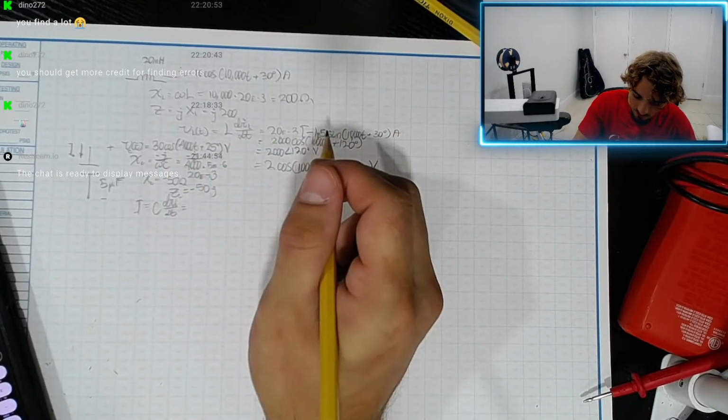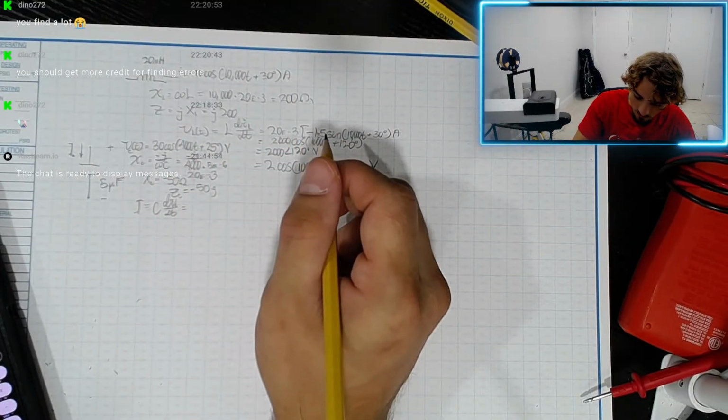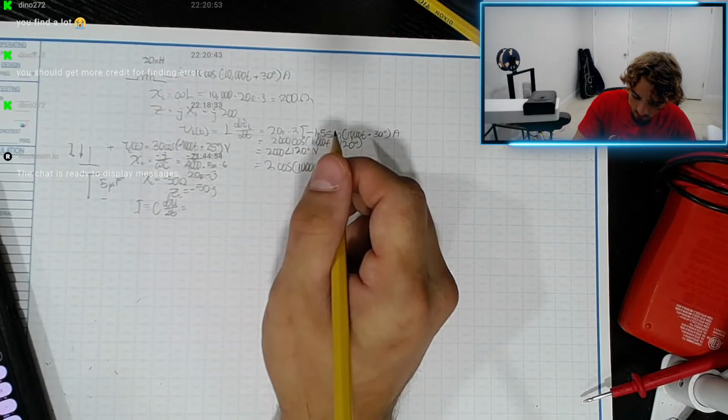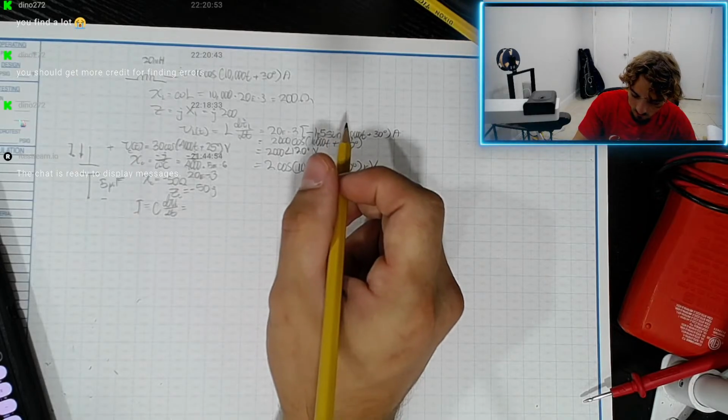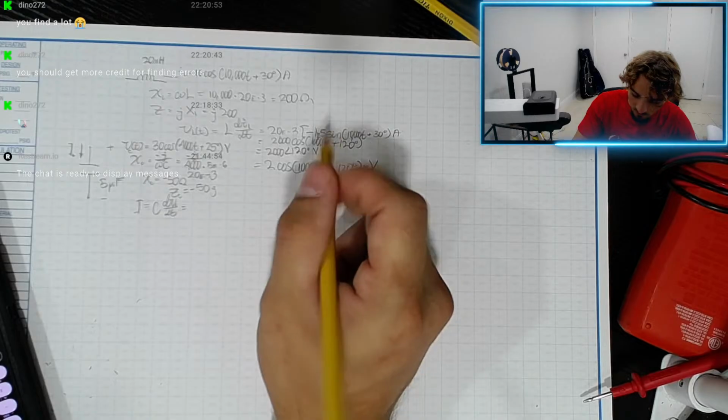Okay, what is our capacitance? 5 microfarads, that's right.